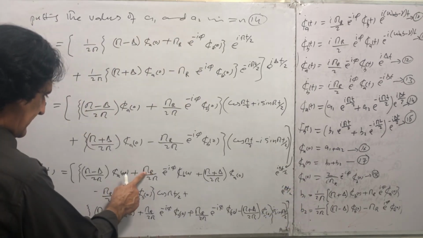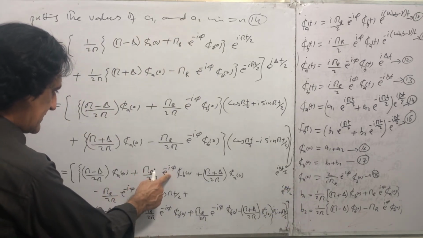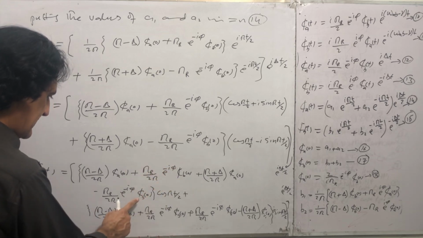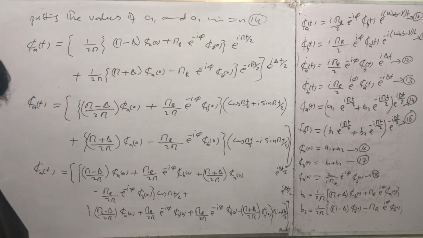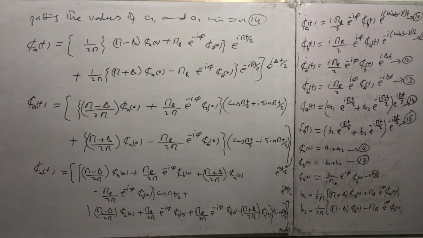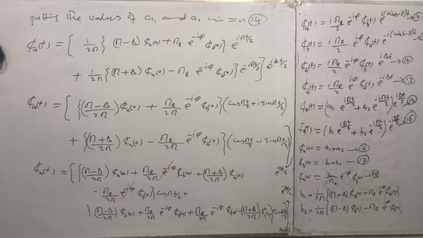Here omega r divided by 2 omega is positive, and minus e to the power minus iota phi Cb. This term and this term, this is plus, this is minus. So plus minus can be cancelled out. This term can be cancelled out.